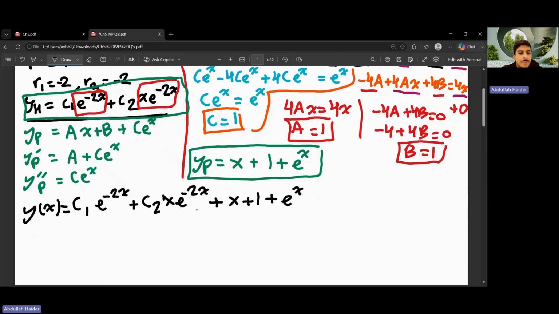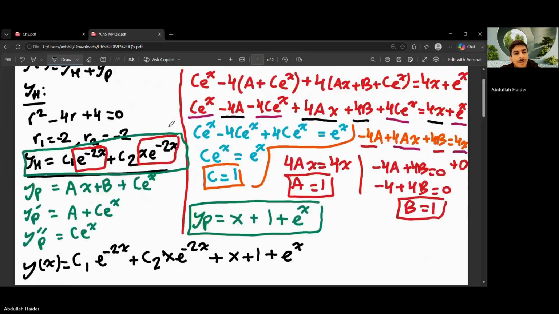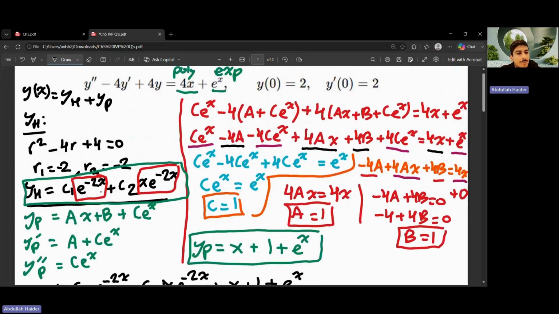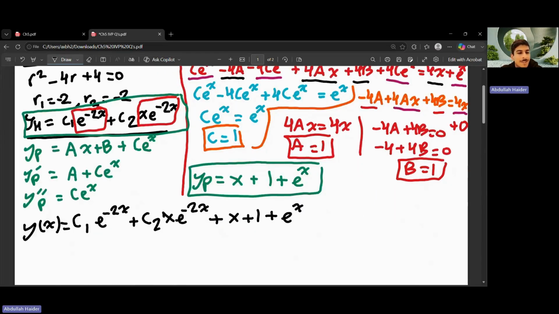These first two terms are yh, and these three terms are your yp. So important thing to know is when you're substituting this unknown yp in the main equation, you're supposed to get a, b, and c. Basically the purpose of the initial conditions right now is to get C1 and C2.